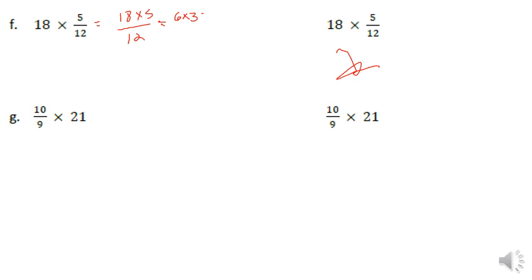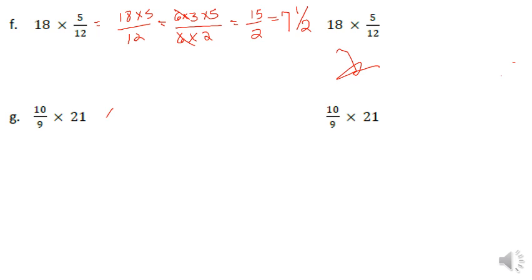So I'm going to go 6 times 3 for 18 times 5, and then down here, I can go 6 times 2. When I take my 6s out, I end up with 15 over 2. And I know 2 will go into 15 7 times, and 2 times 7 is 14, so there'll be 1 left over. So it ends up being 7.5.